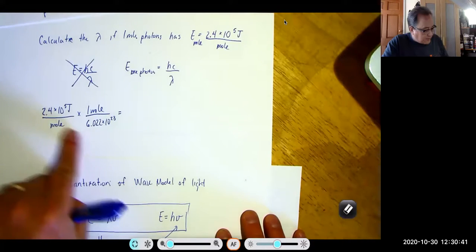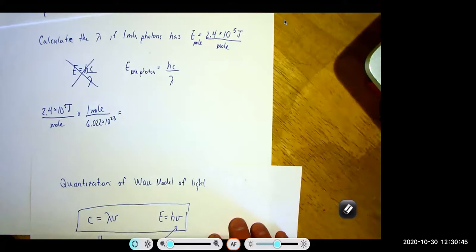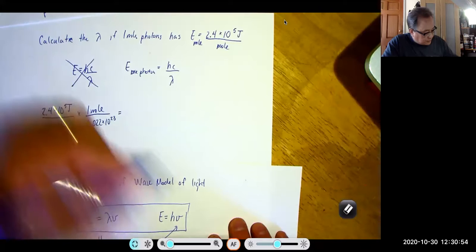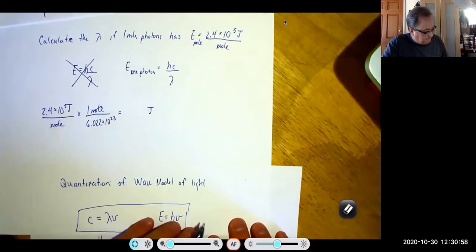So what do you get when you divide these two? You will get joules, but what do you get numerically?